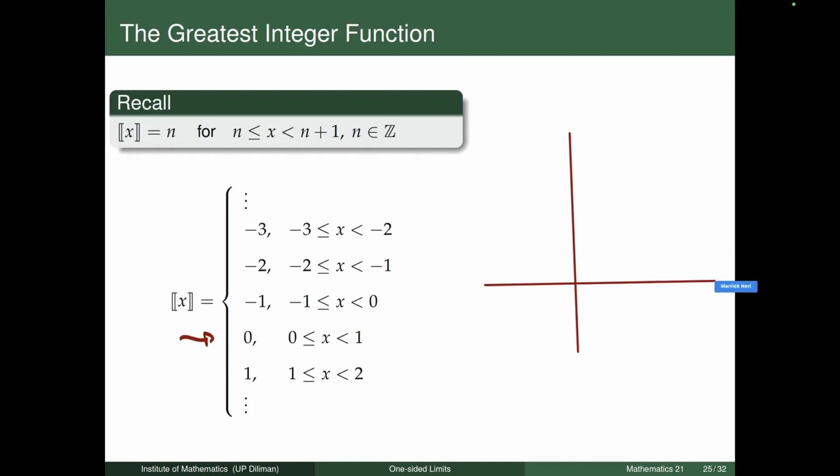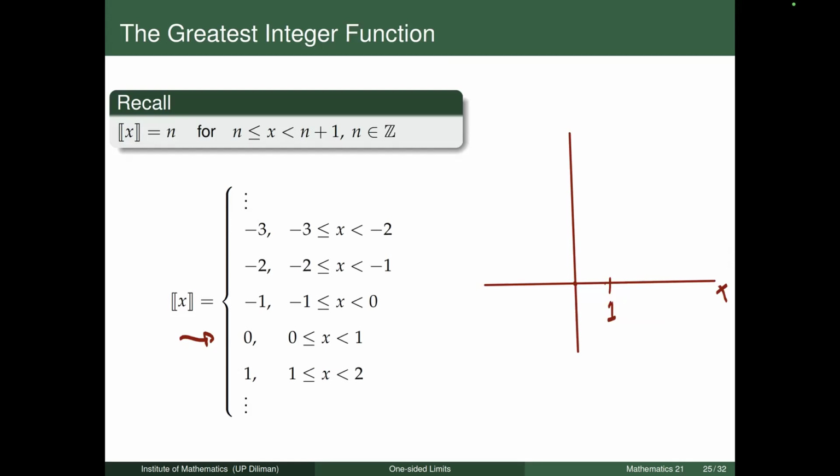So let's suppose that these are the axes, and our x is from 0 to 1. So if x is from 0 to 1, from here to there, our greatest integer function is 0.